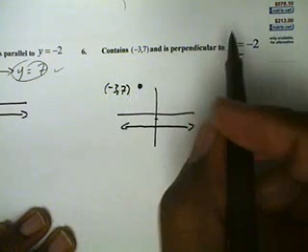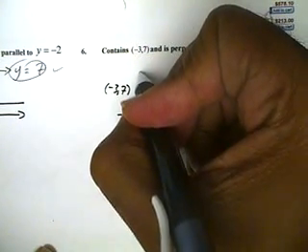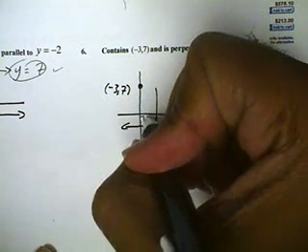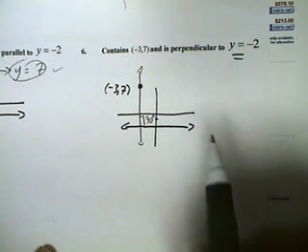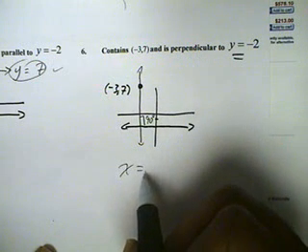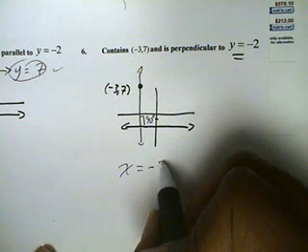We're looking for a line that's perpendicular to y equals negative 2. That would be a vertical line. The vertical line would go through (-3, 7) and hit at a 90-degree angle here. Well, vertical lines are special lines. They're always described as x equals. In this case, because it's going through the point (-3, 7), it'll be x equals negative 3.